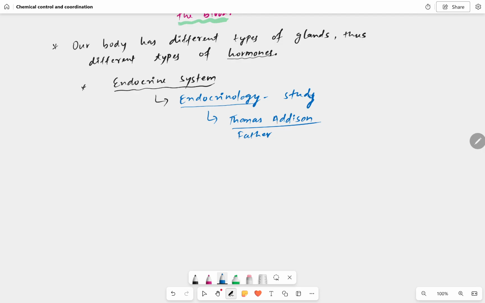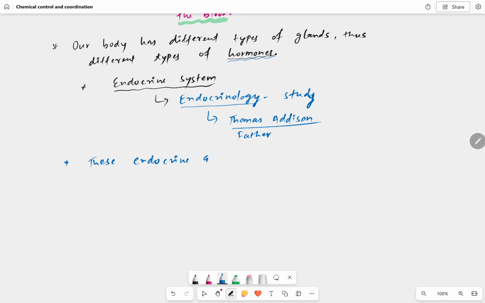The substance, as we have seen, secreted by this endocrine system is hormone. So let's come to the different types of glands.